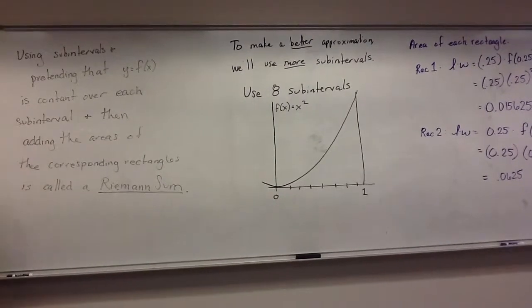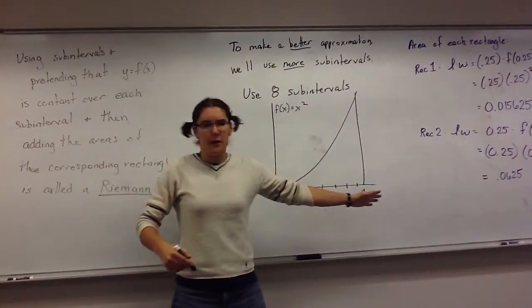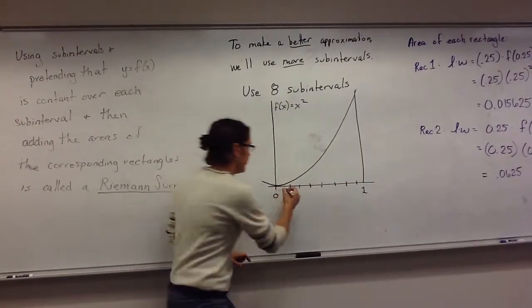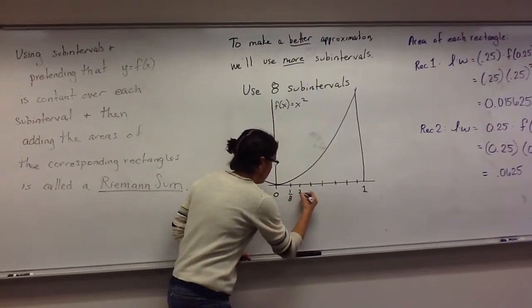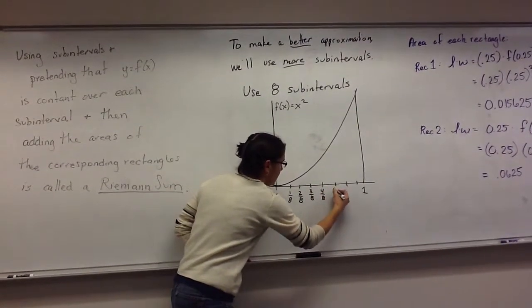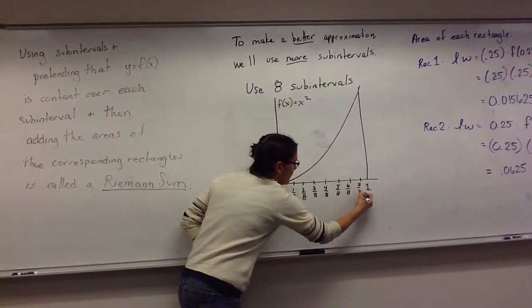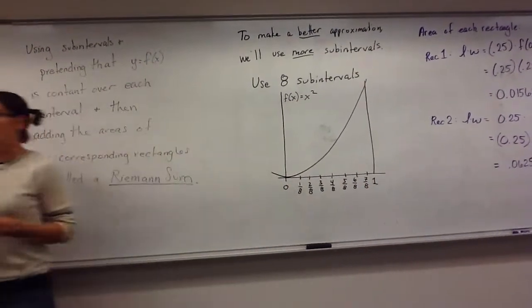And in terms of those values along the way, since we're going from 0 to 1, I can figure out the decimals, but it's easier to work with the fractions. We've got 1/8, 2/8, 3/8, 4/8, 5/8, 6/8, 7/8, and 1. Those are each of our x values.